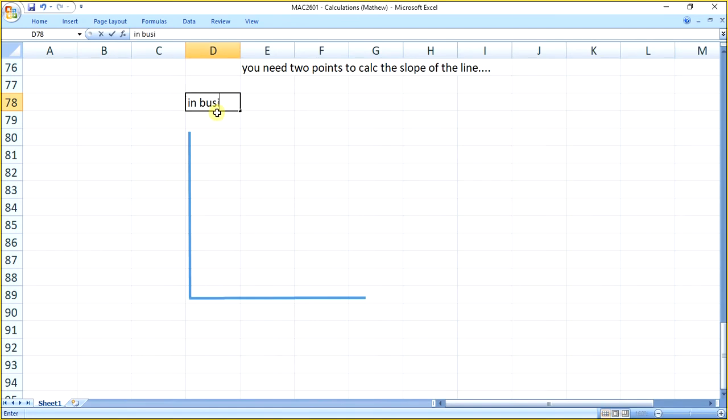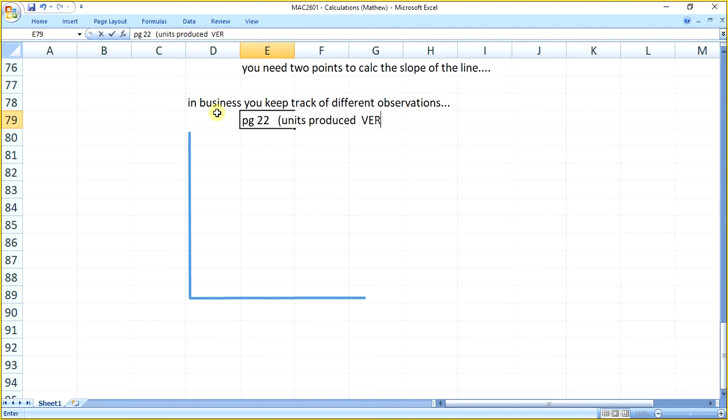Right, in business, you keep track of different observations. Okay, in this particular example, on page 22, they've looked at the units produced and they're comparing it to the historical cost, so the cost.